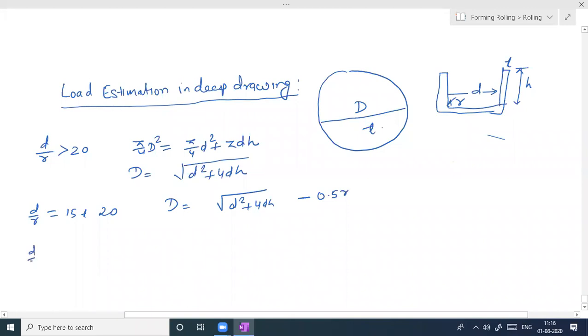And when d by r ratio is between 10 to 15, then D square is equal to d square plus 4dh minus r, simply minus r.